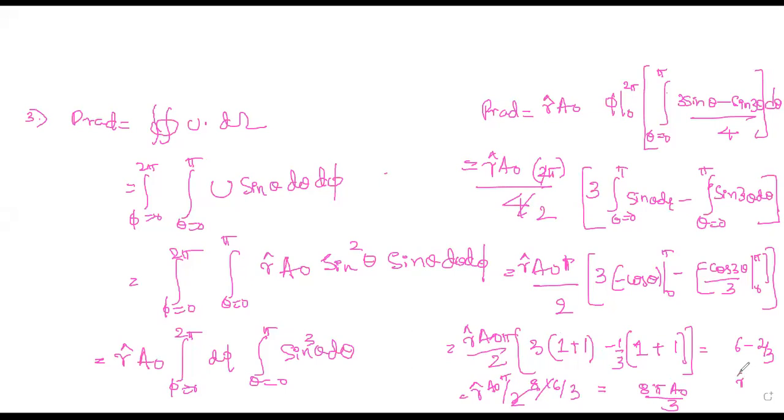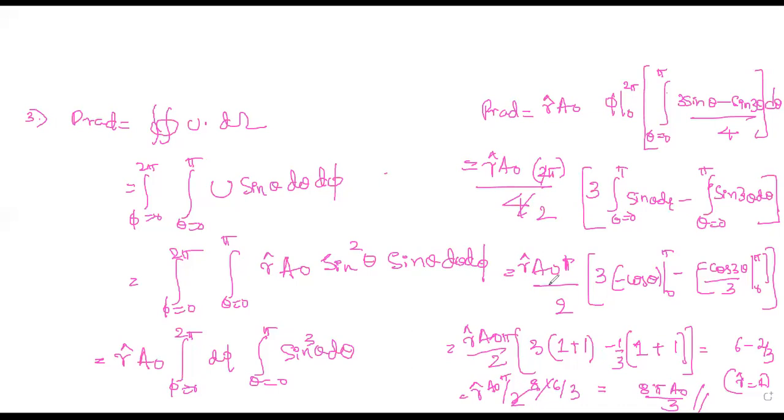You have r cap unit vector, you take it as 1. So you get the power radiated as 8 pi by 3 into a naught. Is that clear? Integration part, power radiated.